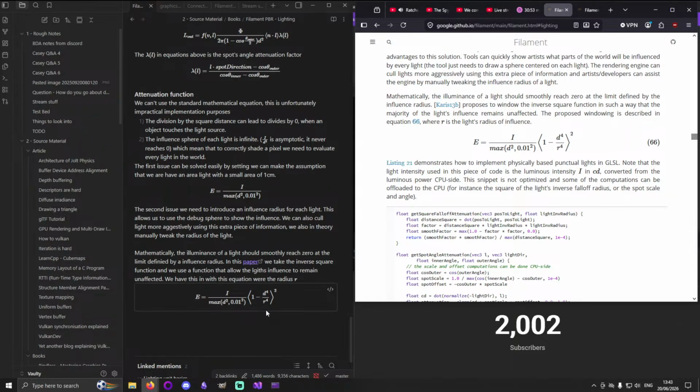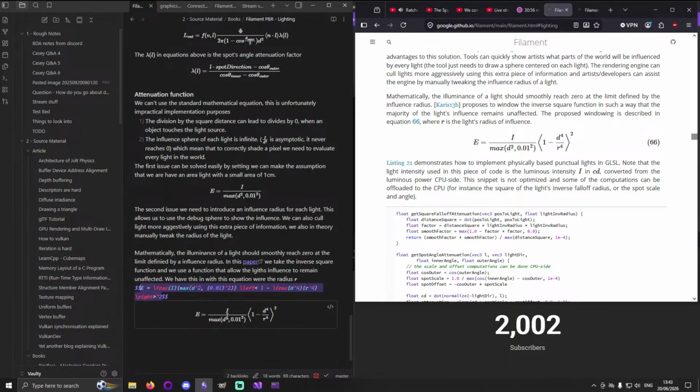Also, a side tangent related to that. Thank you for just watching. I've been gifted GPU Zen 3, which is an advanced rendering techniques book. What I think is going to be applicable for us right now is trying to implement the particle system that's mentioned in this book, which is apparently really efficient.